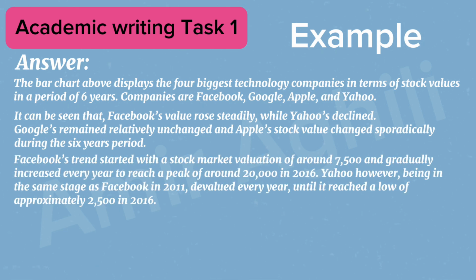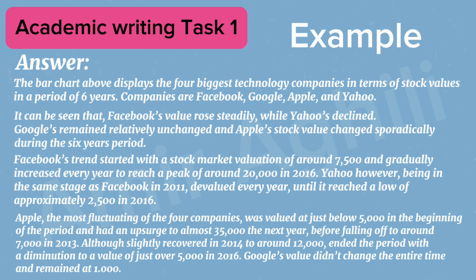So I've taken Facebook and Yahoo that are the same in terms of their stock market valuation in the beginning of the period. Facebook gradually increased, but Yahoo devalued every year. And in the fourth paragraph, I've taken Apple and Google. Apple as the most fluctuating of these 4 companies, and Google as the most constant of these 4 companies.